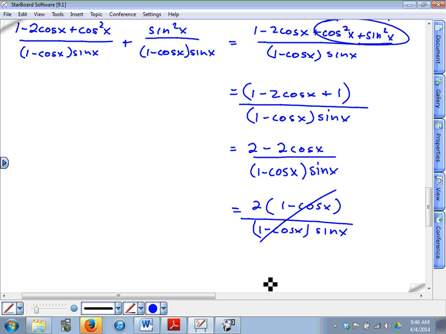Those are gone. So you have 2 over the sine of x, which is nothing more than 2 cosecant of x.